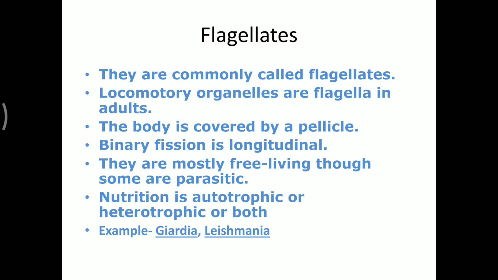The main symptom of this disease is continuous fever accompanied by enlargement of liver, and it is caused by a fly commonly known as sandfly. Leishmania is transmitted by that sandfly.